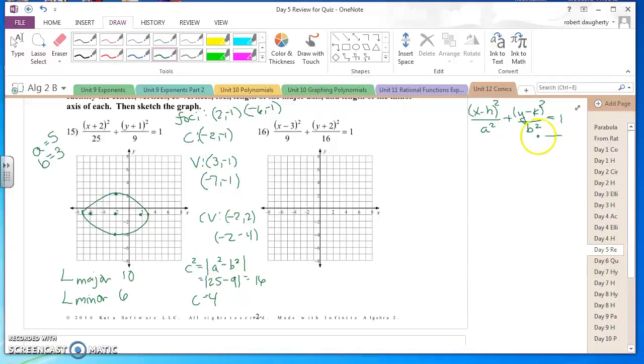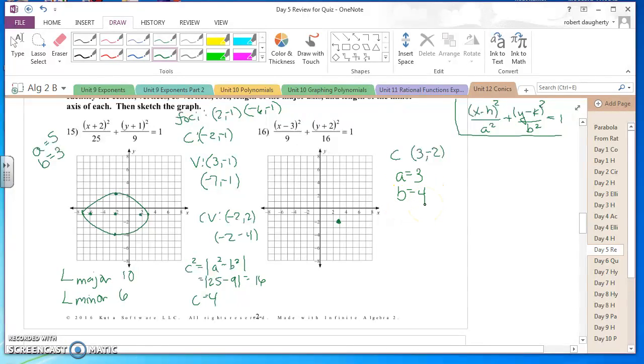And similarly, we'll look at problem 16 to do the same concept. So I've got it here as my form right here that I want everything in. I already know that the center of this one is going to be at (3, -2), which is right here. And in this case, I know that a is equal to 3, b is equal to 4.